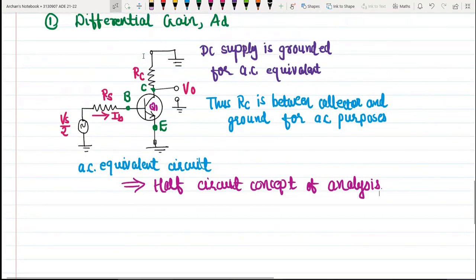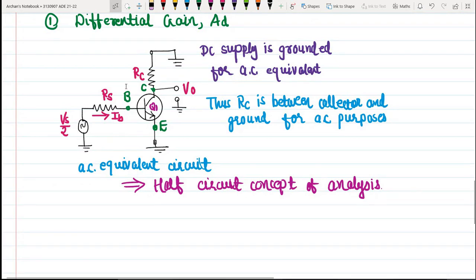So we have this particular circuit. Now we will try to find the differential gain AD for this circuit. And as I have discussed, we are going to analyze this circuit using hybrid parameters. So we will require one hybrid model for this particular circuit.